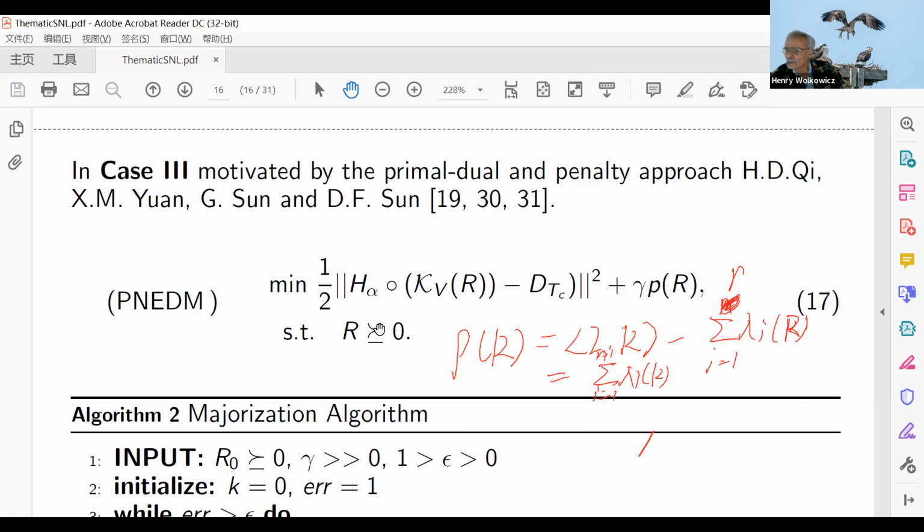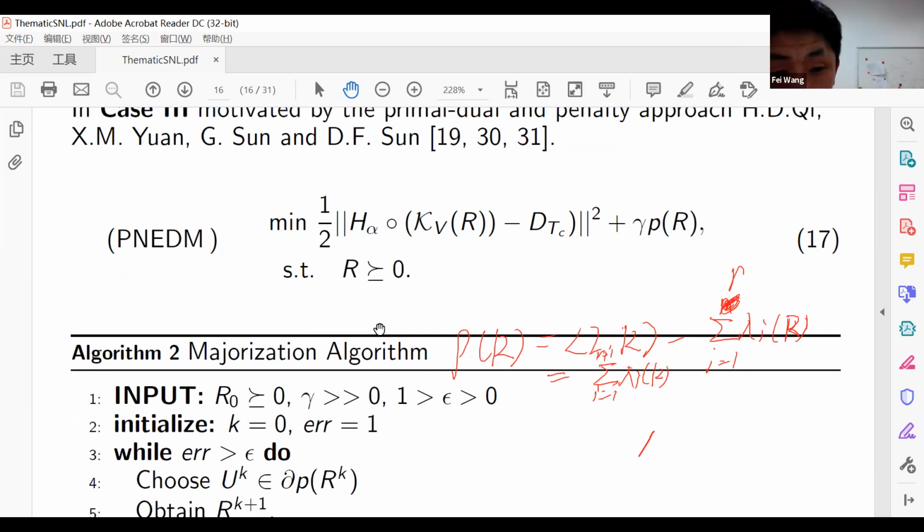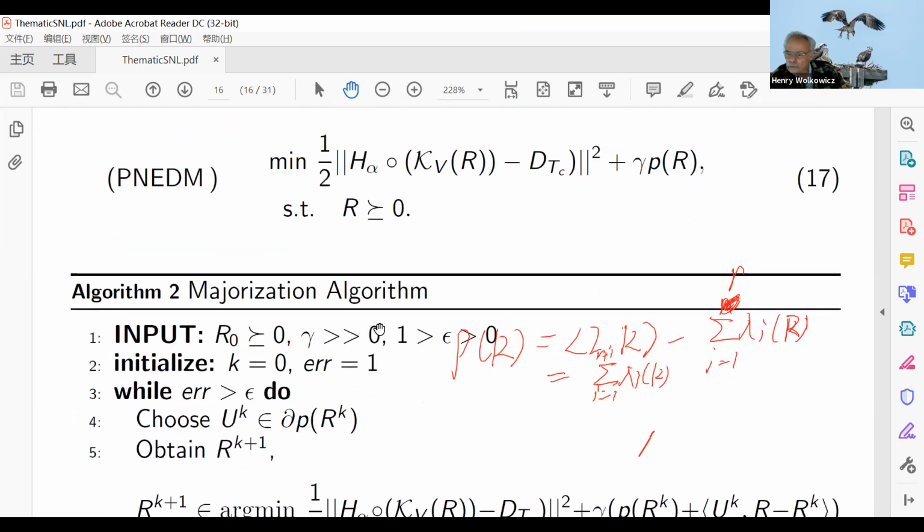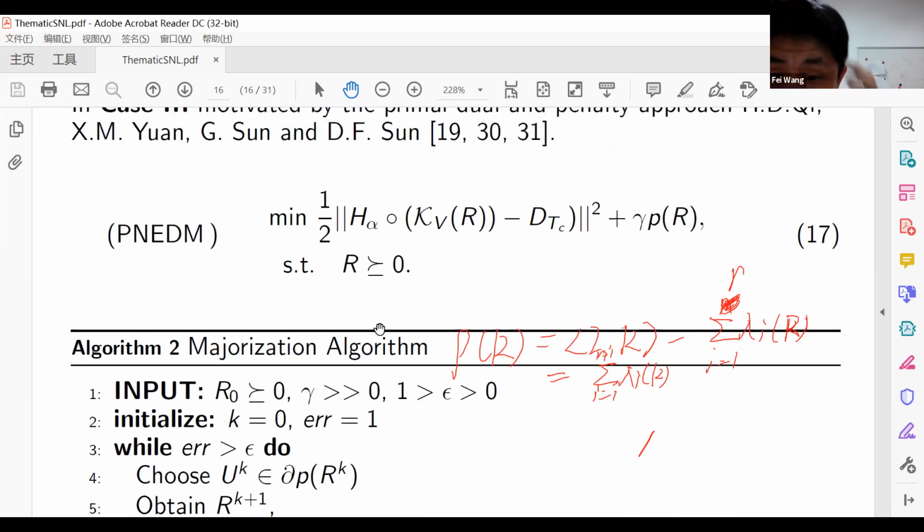How do you fix little r? Little r is given. It's the rank constraint, so we want the rank of R to be less than little r.